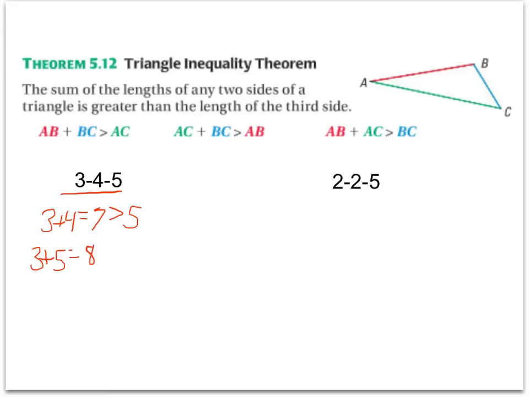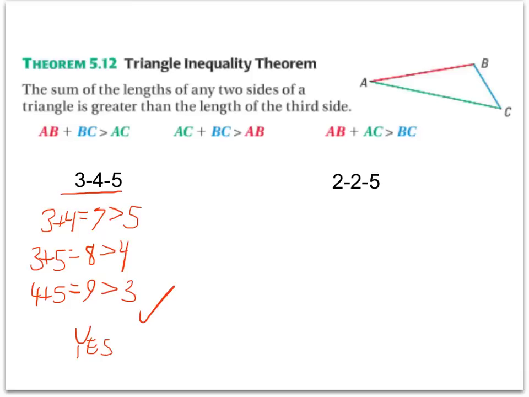Well, 3 plus 5 is 8, which is certainly greater than 4, so yes, it is. And lastly, 4 plus 5 is equal to 9, which is definitely greater than 3. So in this case, this works out in all three, so check, yes, this is a plausible triangle side length, a 3, 4, 5 triangle.